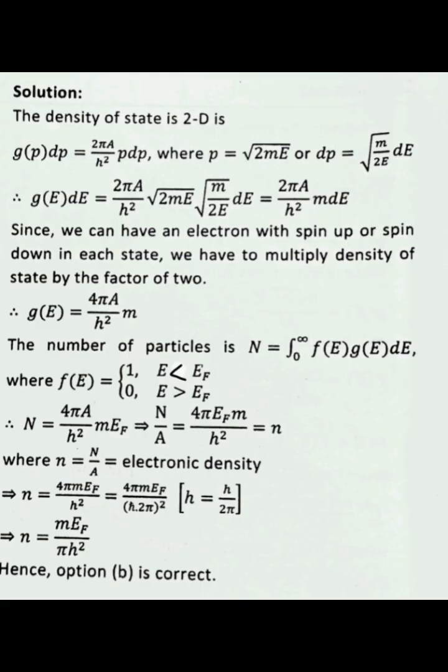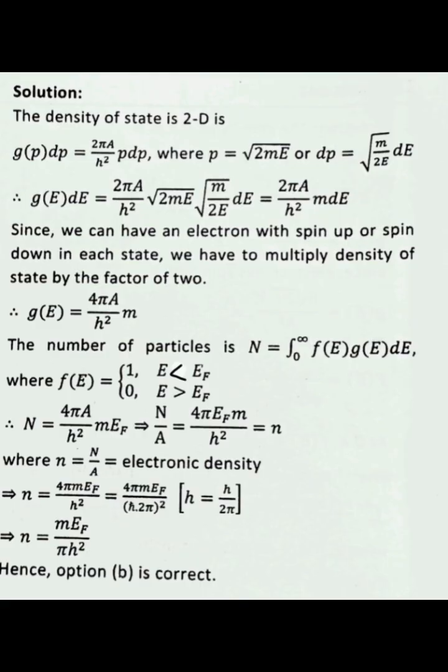That is, the number of particles N is equal to integral over 0 to infinity f of E G of E into dE. And here f of E is equal to 1 when E less than EF, and it is 0 when E greater than EF. Therefore N is equal to 4 pi A by h square into m EF.